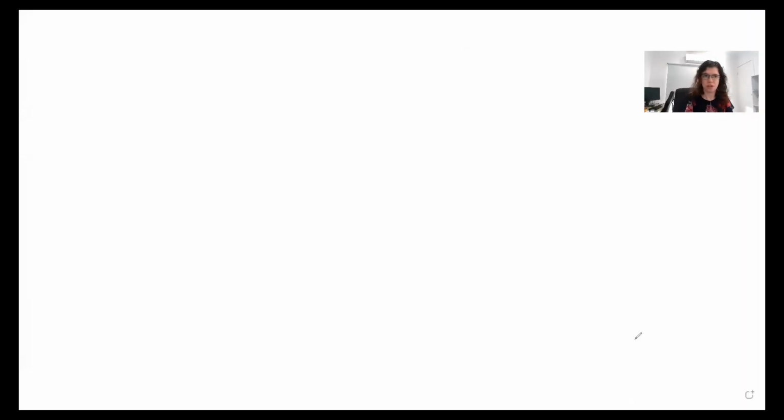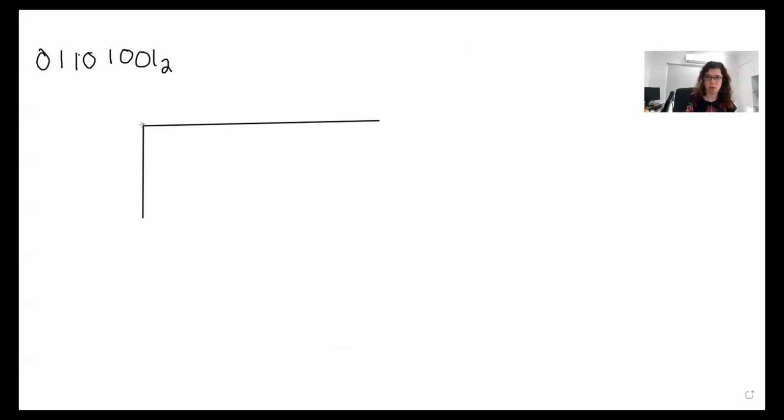So the first question asked us to convert the number 0, 1, 1, 0, 1, 0, 0, 1 from binary to decimal. The approach that I would take to this is to draw a table. I'll try and make this as square as possible.